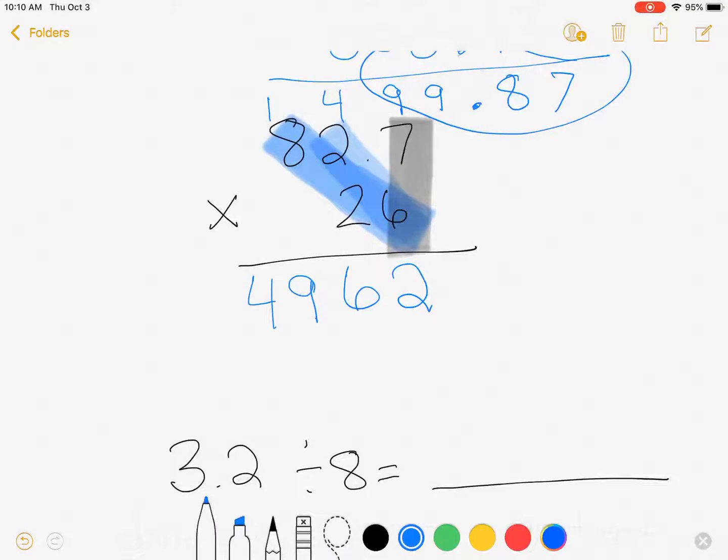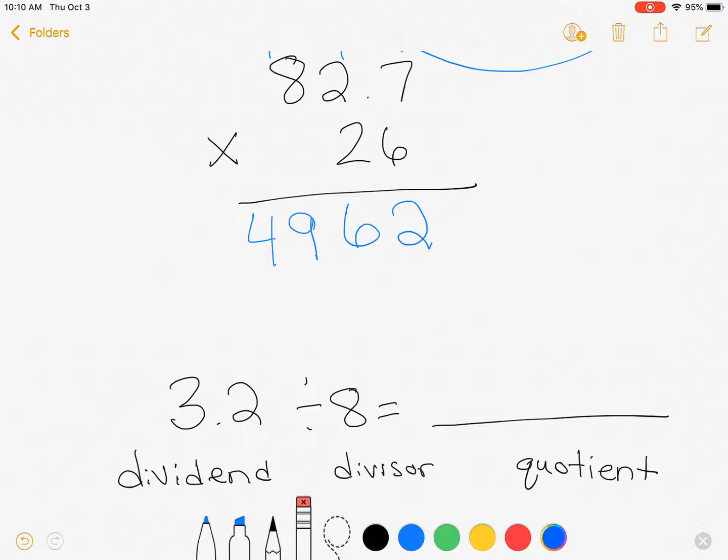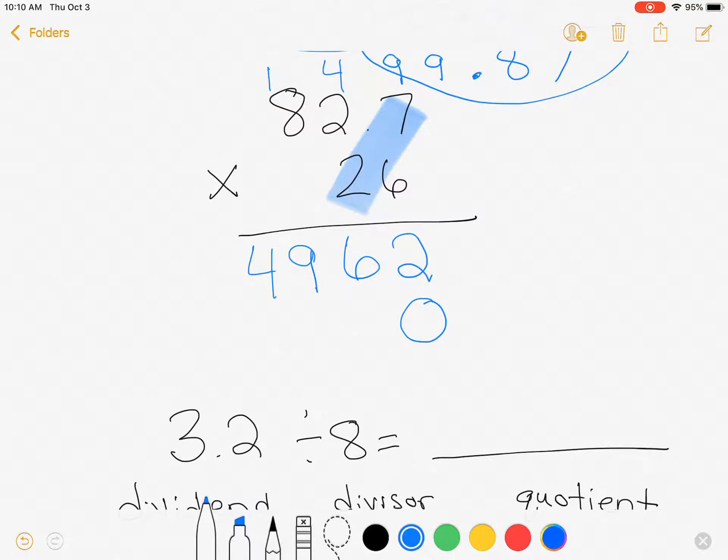But now we have to, what's my next step, class? You add a 0, don't you? Drop the 0 because we are moving to the tens place. So 2 times 7, 14. Carry your 1. Carry your 1 plus 4. Then 2 times 2, which is 4.